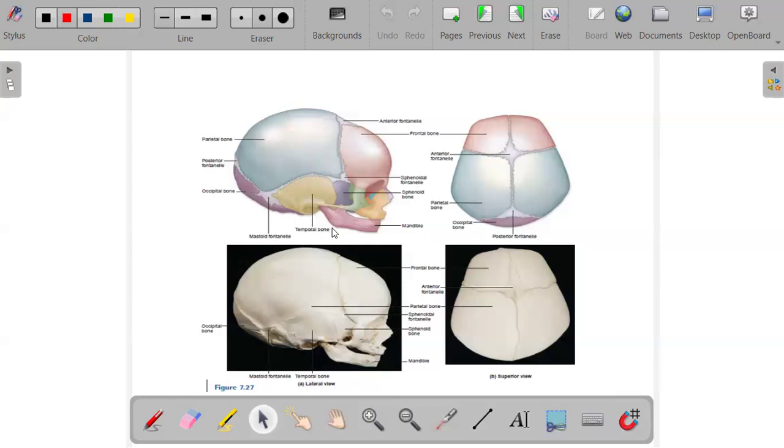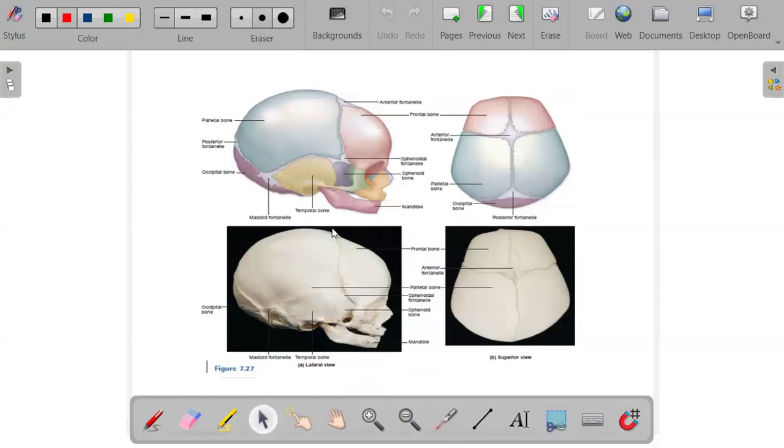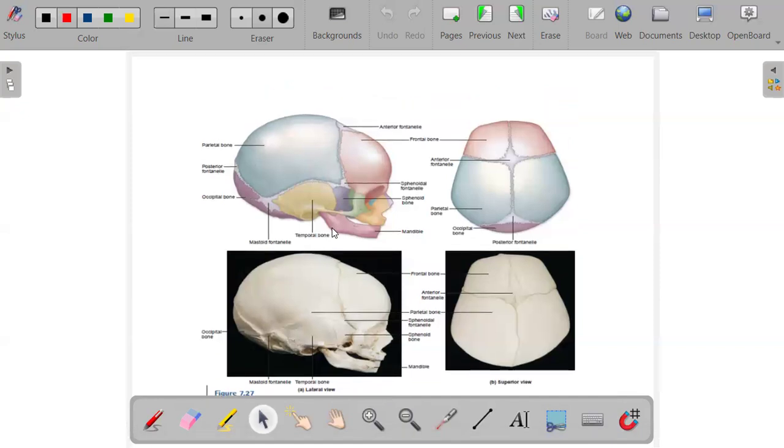They do not really have a specific shape. The anterior fontanelle is the largest and of great clinical importance. The degree of tenseness of the membrane gives an index of the intracranial pressure. So that is about these fontanelles.